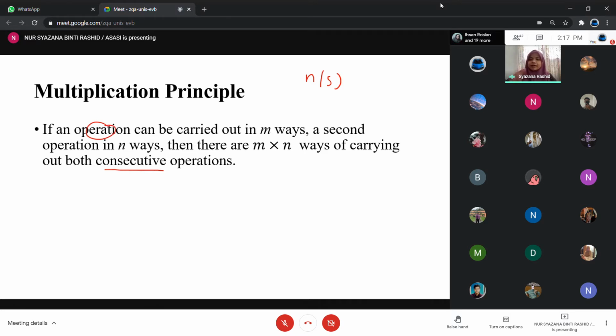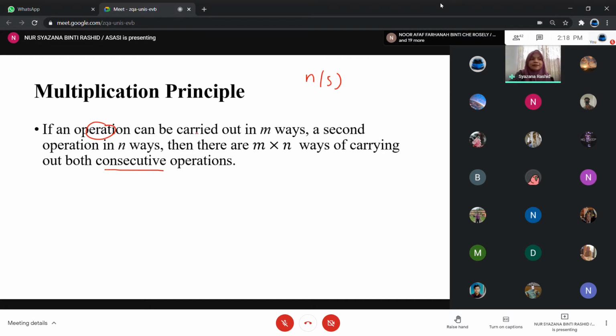So contoh, I take simple experiment last week. Toss coin twice. Okay, you ada 1 shilling, you baling dia 2 kali and you want to observe either you get head or tail. Okay, so for the first trial, the outcome is 2. Either you get head or tail. Okay, so number of ways tadi ni, contoh first trial, if an operation can be carried out in m ways.